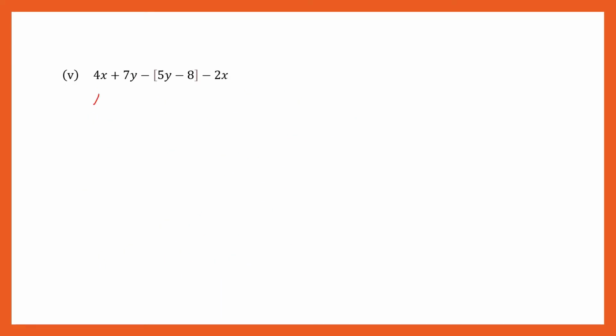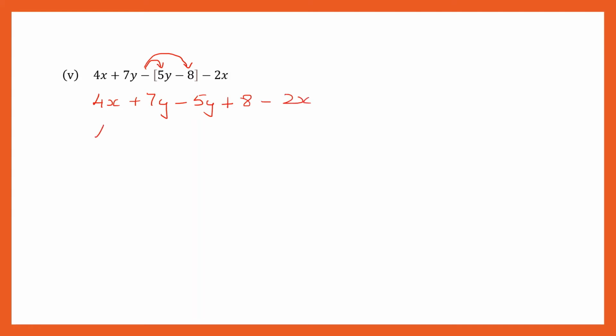Okay, 4x plus 7y, multiply with this and multiply with this. Minus 5y, minus into minus is plus 8, minus 2x.